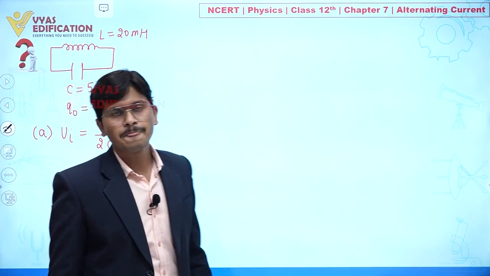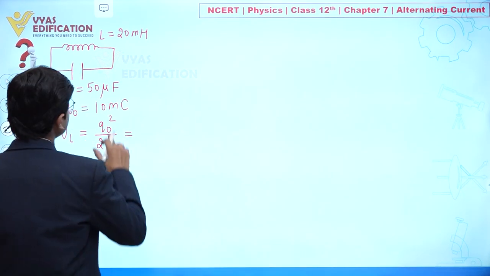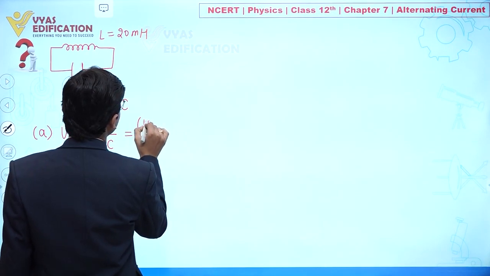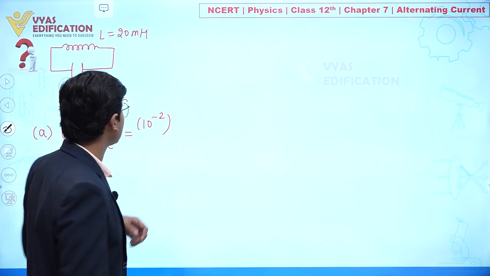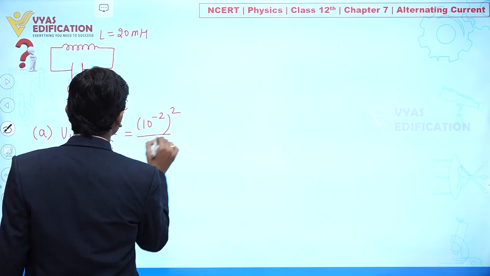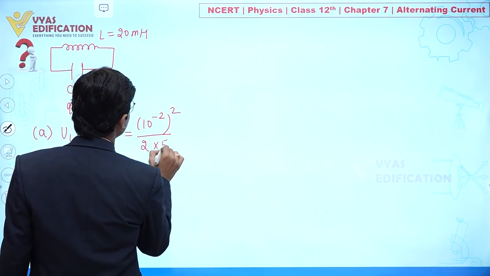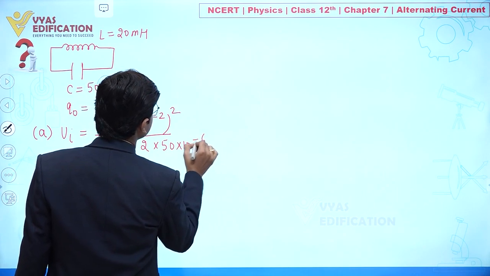The value of Q naught is 10 millicoulomb, so I can say this is 10 to the power minus 2, yes or no? 10 into 10 to the power minus 3, so this is 10 to the power minus 2 whole square divided by 2 into 50 into 10 to the power minus 6, clear?